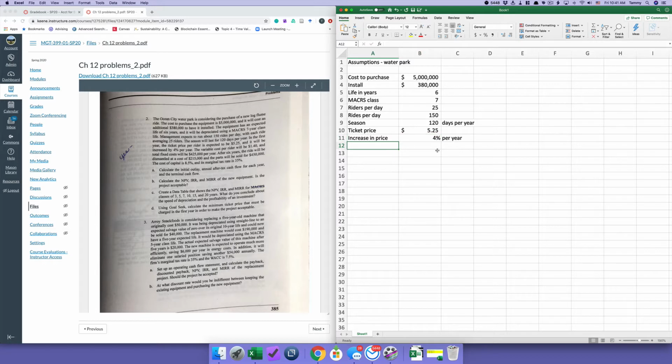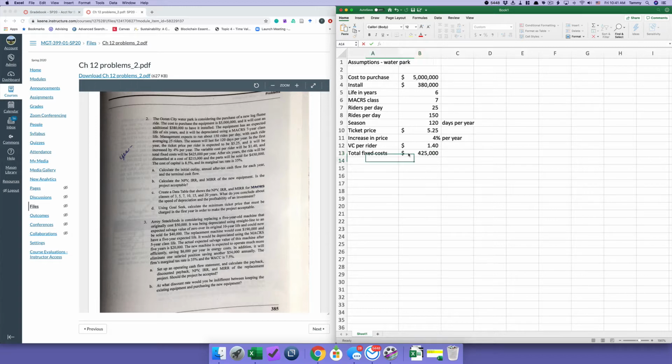And then the variable cost per rider is $1.40. And total fixed costs are $4.25.